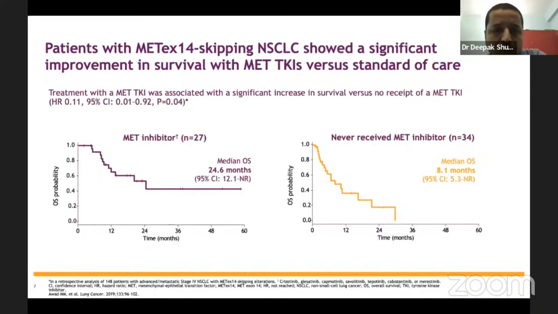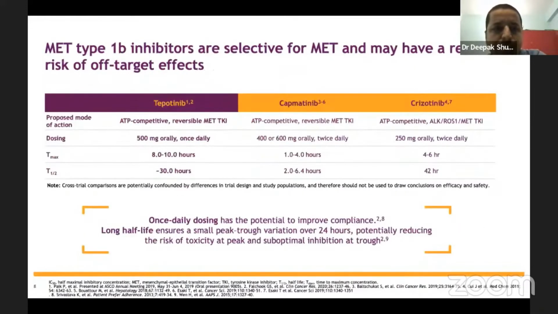A number of retrospective studies have also shown that if patients with this MET exon 14 skipping mutation do not receive a MET inhibitor as part of treatment, their median survival is less than a year, while if you use a MET inhibitor, their survival is close to 2 years.